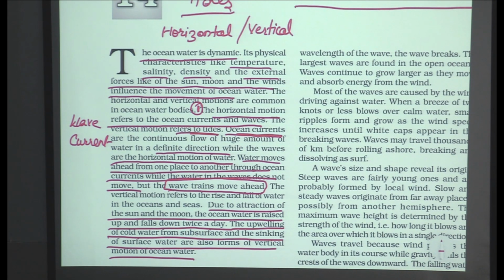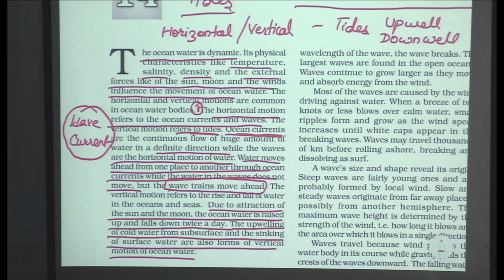Horizontal movement of water includes waves and currents, and vertical movement goes with the tides and also with upwell and downwell, which we'll be talking about with the subsurface current system. So I have got four different types of movement to be learned if I count it like this.